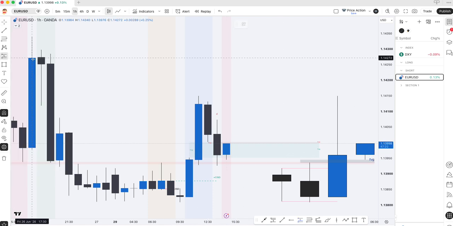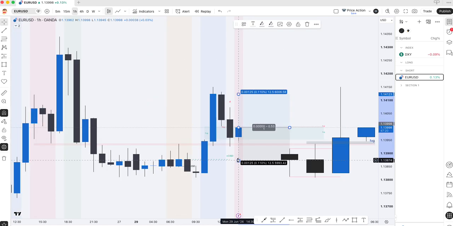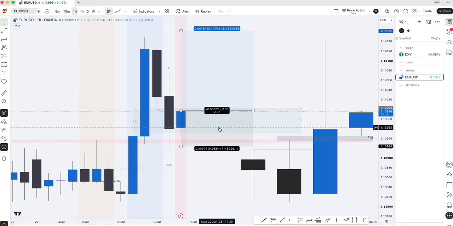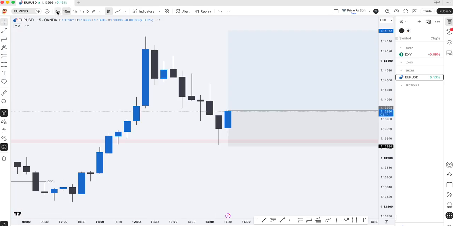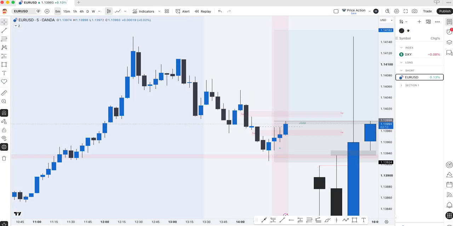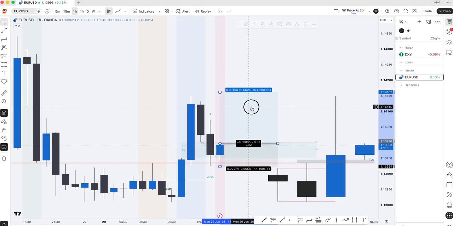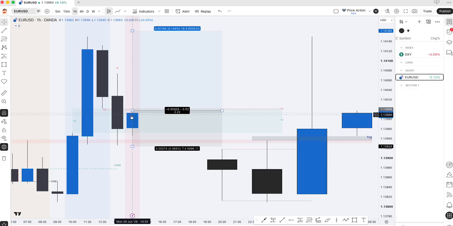So if I am an intraday trader, I would like to long it like this. I can go on to 5 minutes and I can take a trade here or whatever suits them.